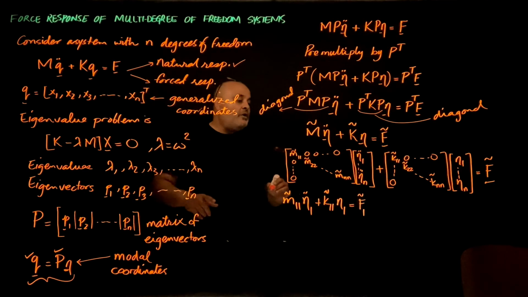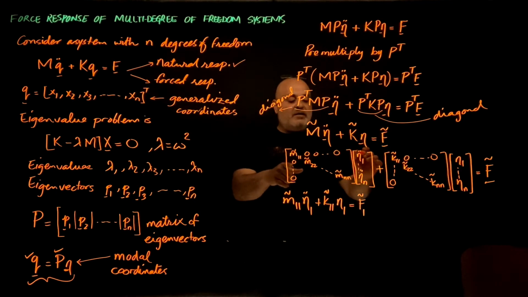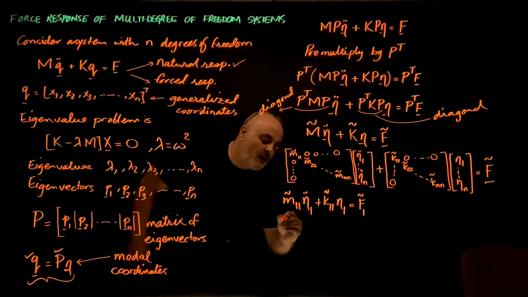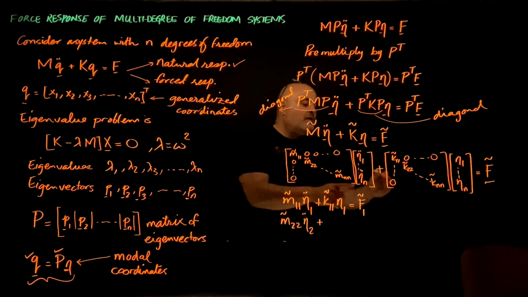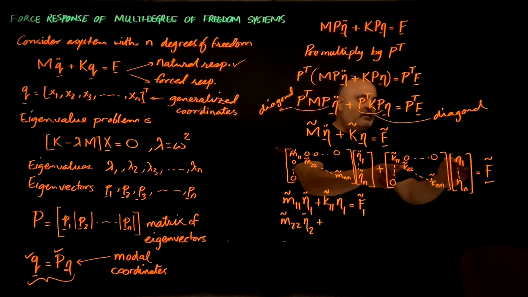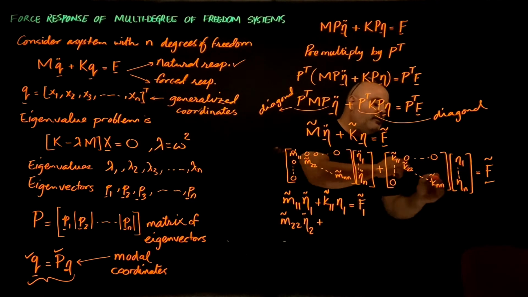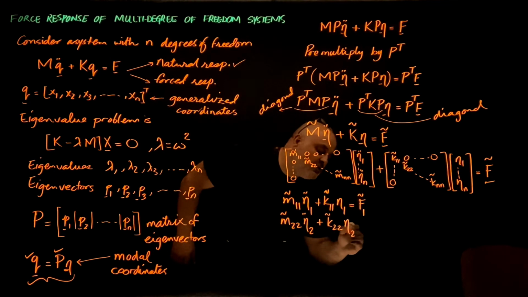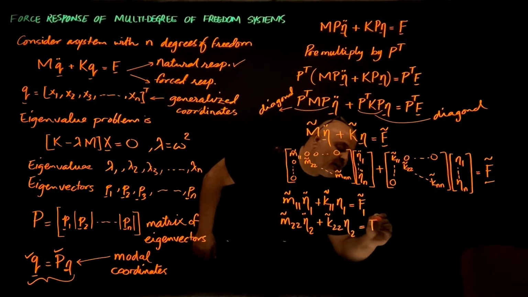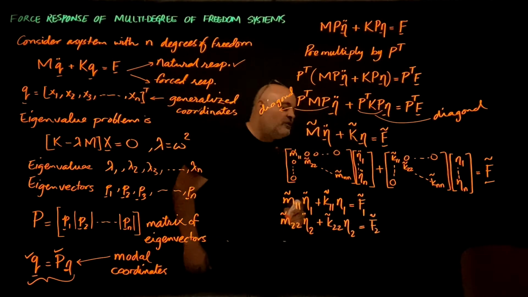And then the second equation, I will have 0 times eta 1, M22 times eta 2 double dot plus 0 times eta 1, K22 times eta 2, and then 0 multiplies the rest of the etas, so I have K22 tilde eta 2 equals the second element in the force vector F tilde.